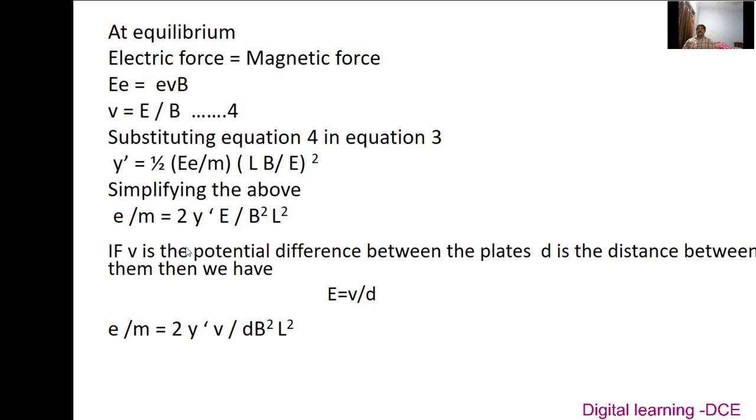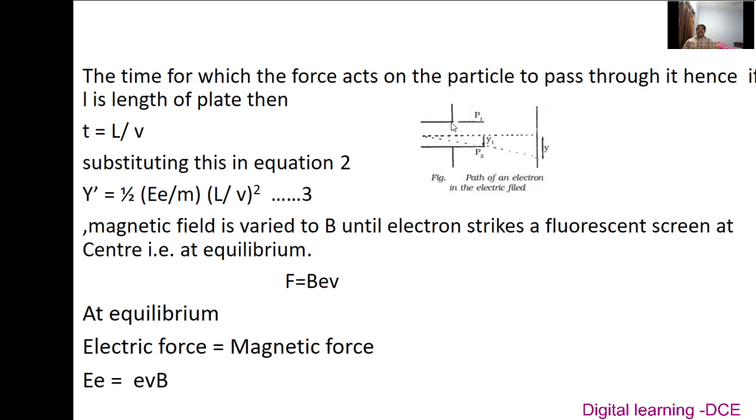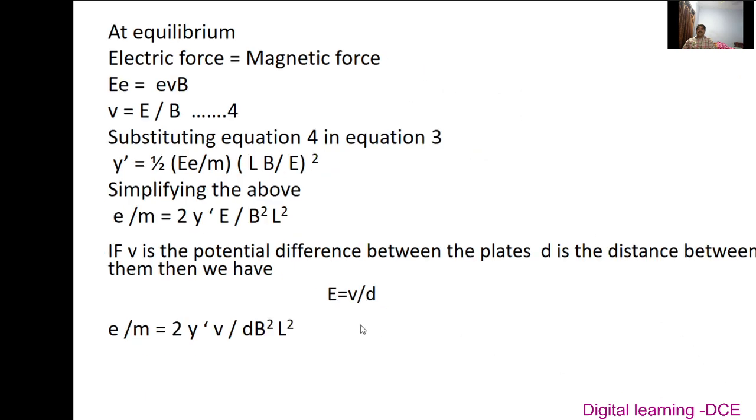If V is the potential difference between the two plates P1 and P2 and d is the distance between them, then E is equal to V by d.